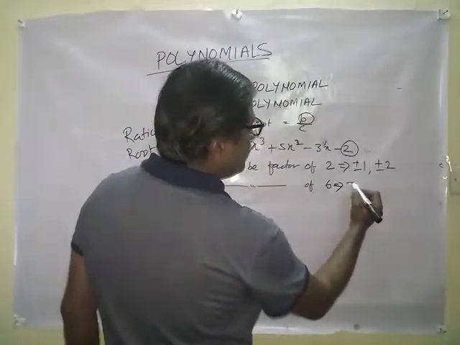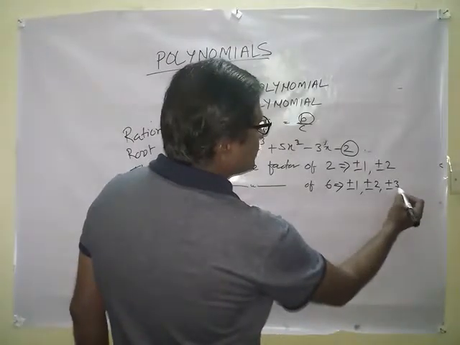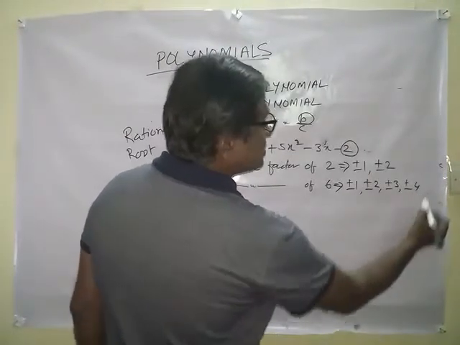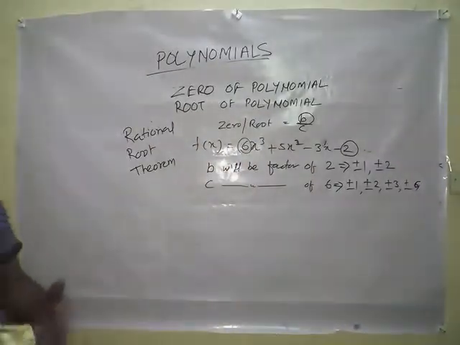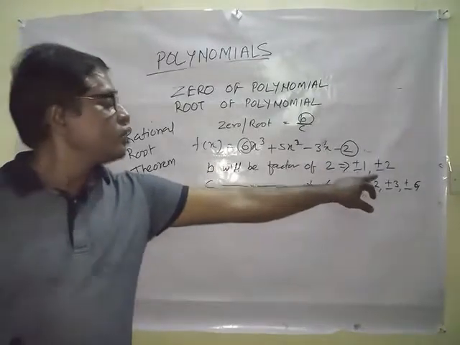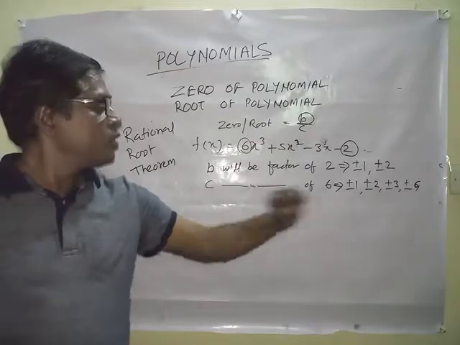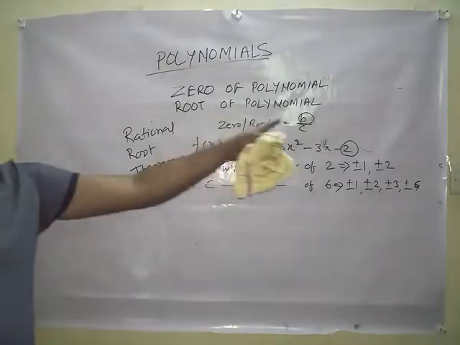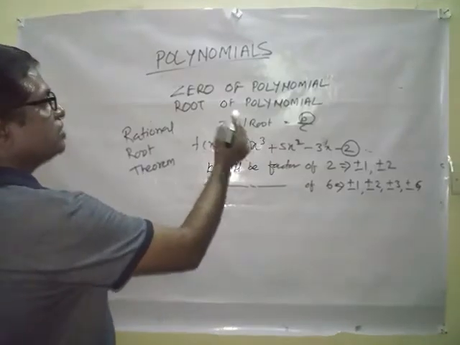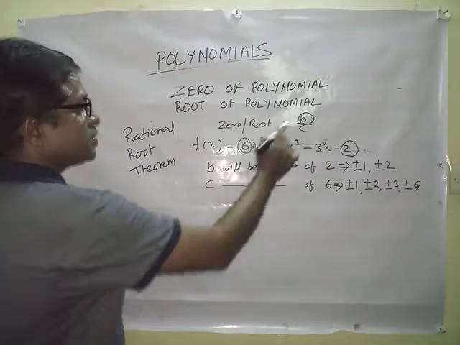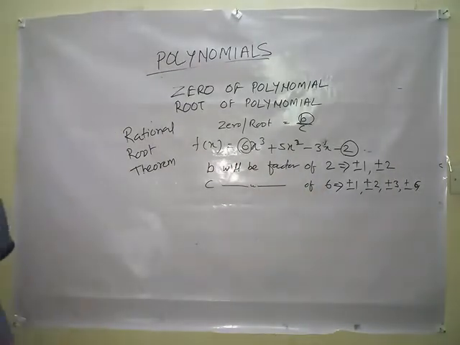Here the factors will be plus minus 1, plus minus 2, plus minus 3, plus minus 6. So these are the combinations. Now you pick up the value of b from here, then pick up the value of c from here, and you arrive at b upon c, and that is how you will find the zero or root of the polynomial, because it is a fraction.